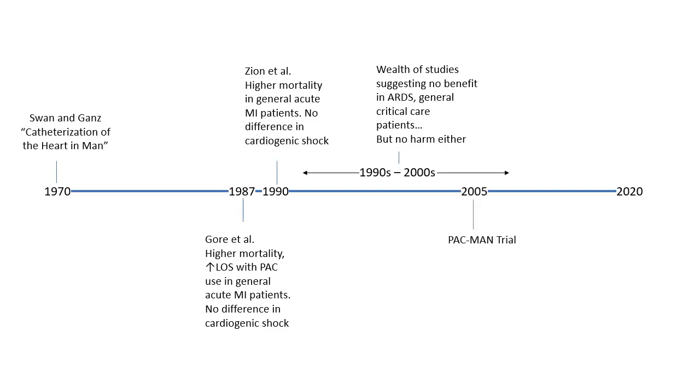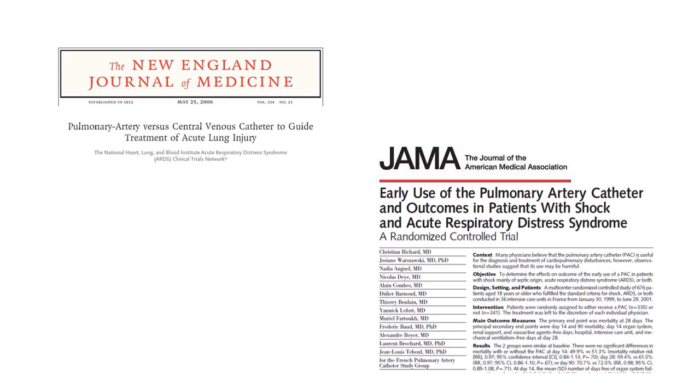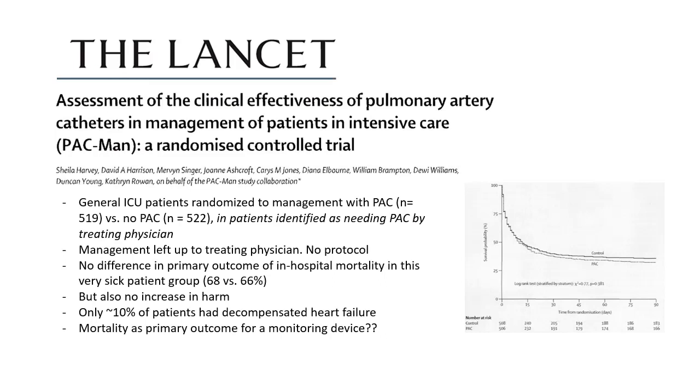And then in 2005, a study you may have heard of is the PAC-Man trial, and I'll show a slide on it here. It was a randomized trial of using PA catheters or not in a general critical care population. Some of the studies were in ARDS, as mentioned, with no real difference in outcomes. The PAC-Man study, in Lancet in 2005, took general ICU patients where the physician actually said, hey, I need a PA catheter.